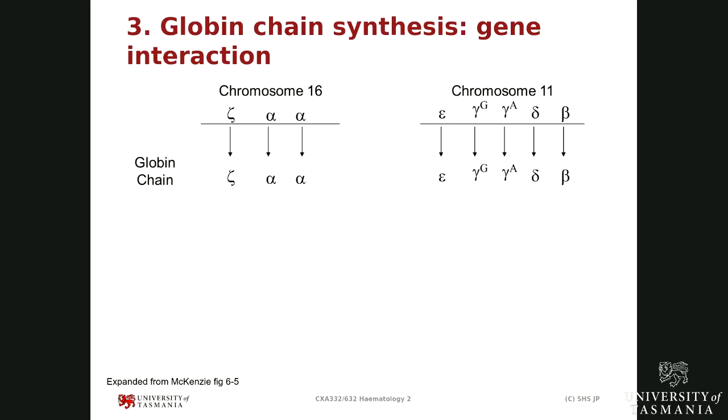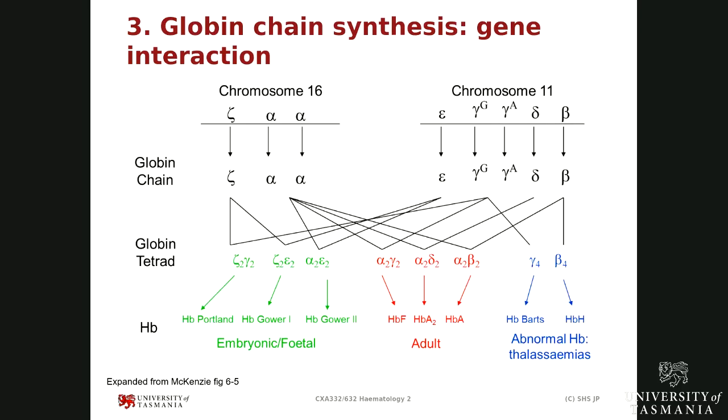And remembering that we inherit one chromosome from each parent, so we end up with 4 genes for making alpha chains and 2 genes for making the other chains that are there. And so you can see that it's a combination usually, except for in the very early stage embryo up to about 9 or 10 weeks, where we get hemoglobin Portland and hemoglobin Gower being produced. But otherwise, it is alpha chains with something else.